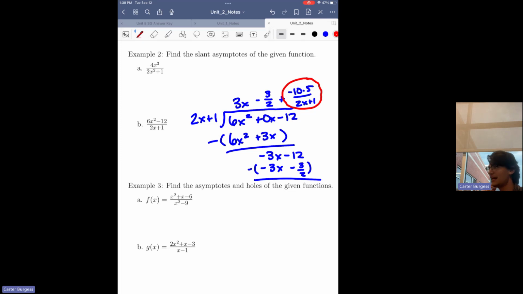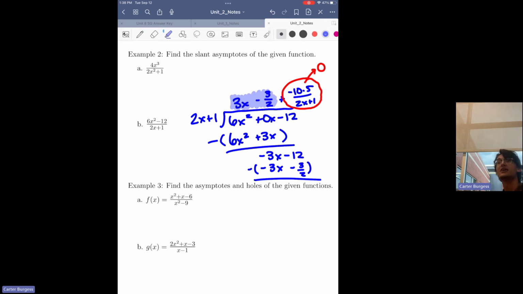Negative 10 divided by some kind of expression of x as x gets really, really big. Constant divided by x is going to go to 0. And so this error bit, this remainder, is going to become less and less and less relevant. Our function is going to converge to this 3x minus 3 over 2.